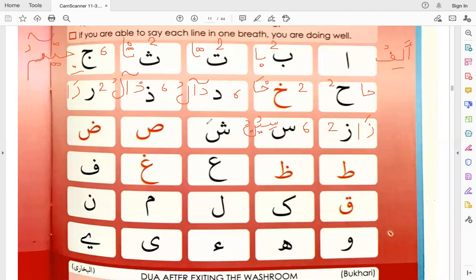Sheen, same way. There are three letters involved to pronounce this letter, and those letters are Sheen, Ya, and Noon. Sheen is the first, Ya is second, Noon is third. So there are a total of three letters involved to pronounce this Sheen.